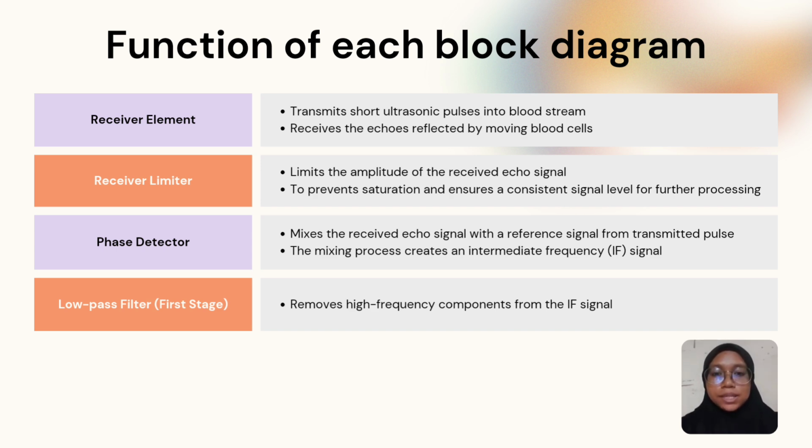Last, signal processing: calculating blood velocity based on the Doppler shift, and potentially additional processing to account for probe angle and other factors. By processing the received signal through these stages, the range-gated Doppler blood flow meter can extract valuable information about blood flow velocity within a selected region of interest.